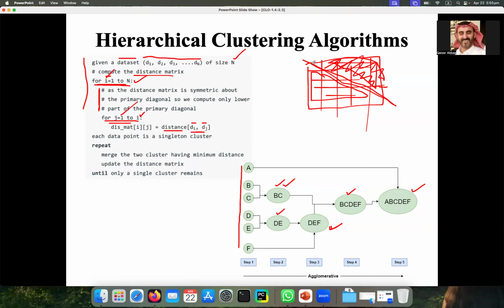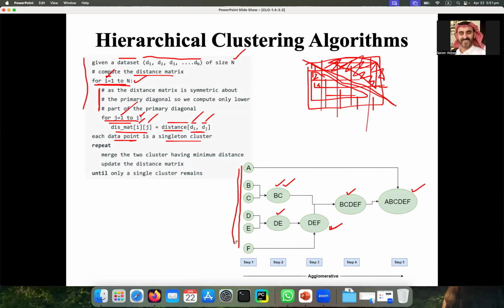You will have the points 1,1 and 2,1 and 3,1 or something like that, only in the lower portion. Sometimes you will have the same point repeated, but mostly you will have these points different, and then you will calculate the distance. Whatever the distance is, you store that distance in a distance matrix with the index i and j. In this way you are calculating the values. And here, each data point is initially a singleton cluster.